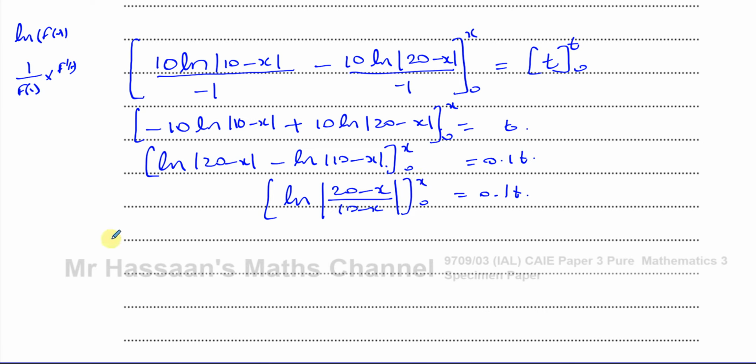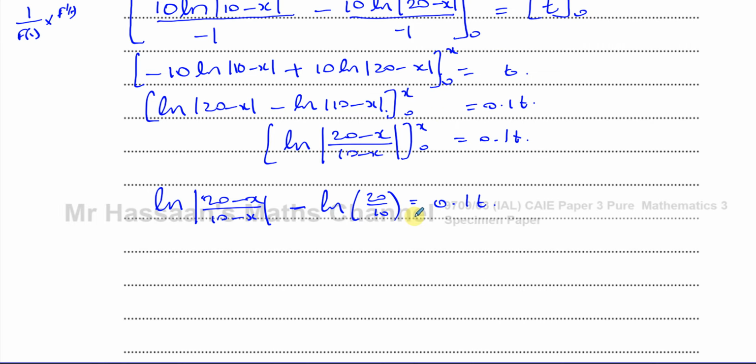So now when I put x into here, of course I'm going to get the ln of the modulus of 20 minus x over 10 minus x, minus, when you put 0 into here, the ln of 20 over 10, which equals 0.1 t. So this gives me the ln of 20 minus x over 10 minus x minus the ln of 2 equals 0.1 t.